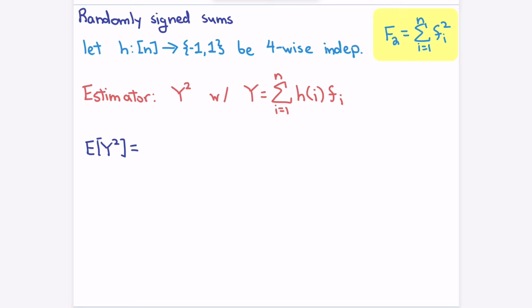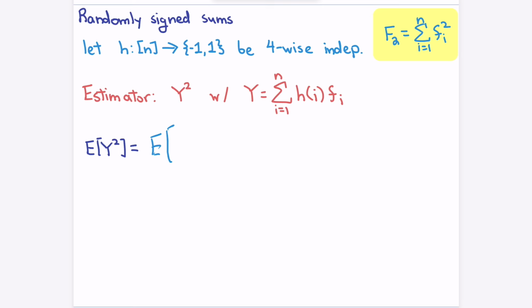Does anyone see why y squared is not a crazy estimate? It doesn't seem a priori to be. Does anyone see the intuition? Oh, because all the cross terms have expected value of 0. So let's go slowly.